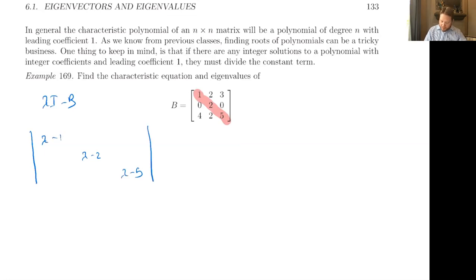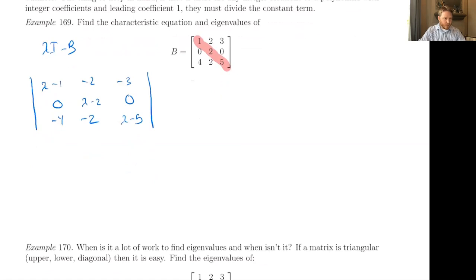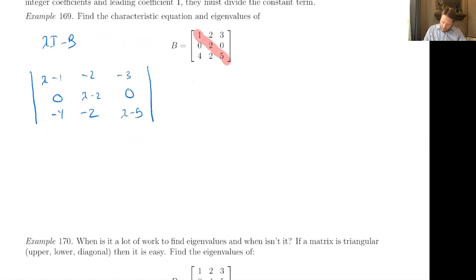Then everywhere else, just make it negative. Negative 2, negative 3, 0 and 0, negative 4, and negative 2. So now let us find the eigenvalues by taking this determinant.